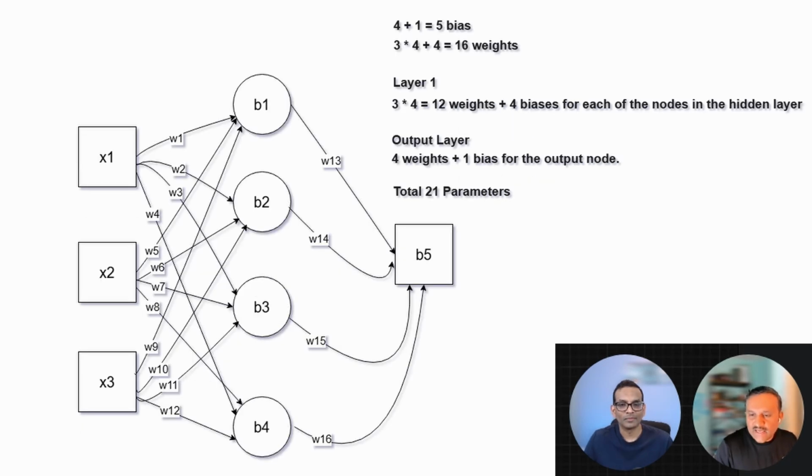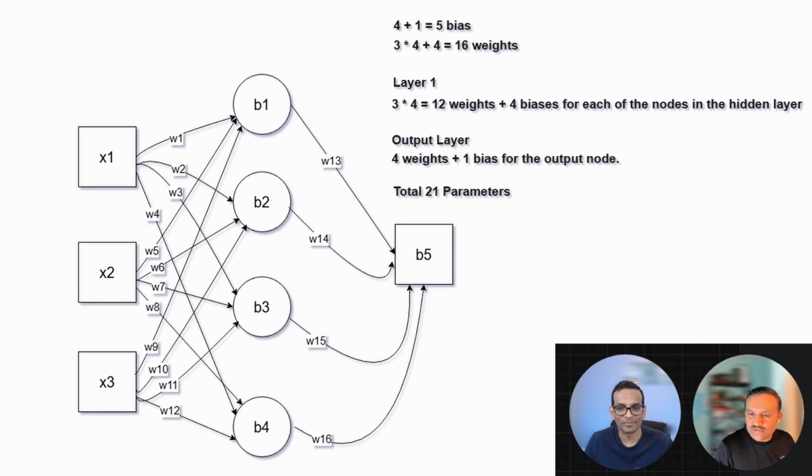Now let's look at a slightly more complex one. I'm not going to go into depth on this, but if I add a hidden layer into this, it is the smallest possible neural network, also known as a perceptron. In this case, you have 3 inputs, x1, x2, and x3. As you can see, I have numbered the weights that go from each input into the hidden layer and from the hidden layer to the output, right? You can count them if you want.